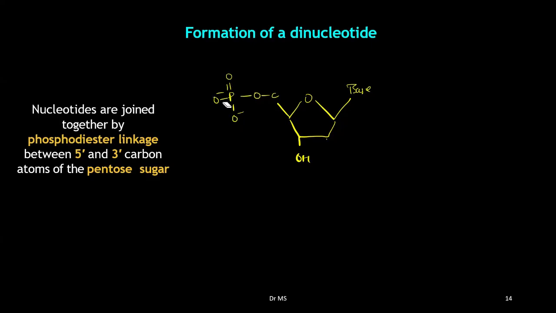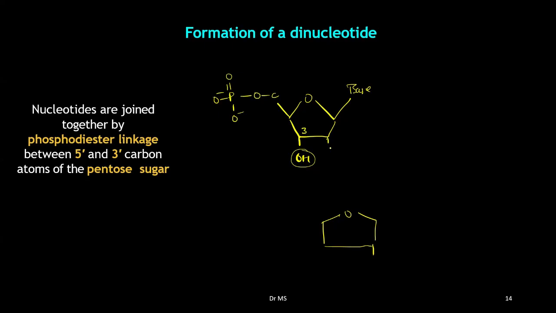You can write OH or you can put O minus. It depends on you. Okay. And if you see the third carbon, it contains the OH group for both DNA and RNA. And the fifth carbon also has the OH. So see here, let's draw another one.